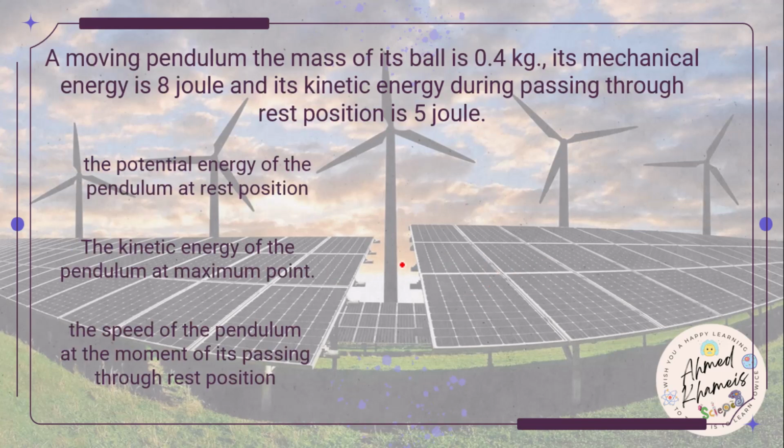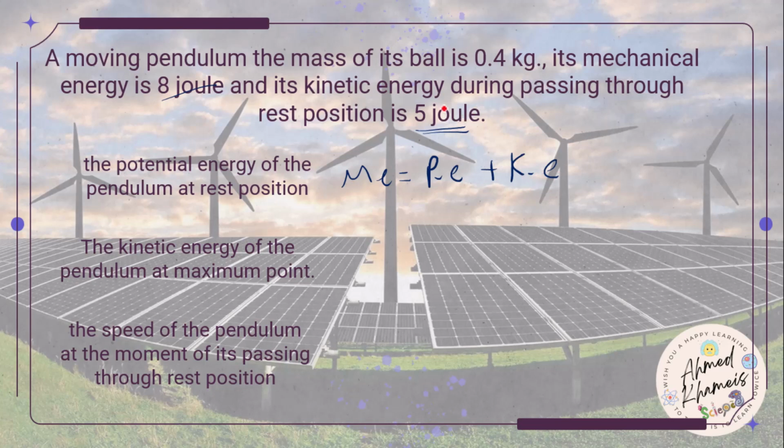A moving pendulum, the mass of its bob is 0.4 kilogram. Its mechanical energy is 8 joules and its kinetic energy when passing through the rest position is 5 joule. Calculate the potential energy of the pendulum at the rest position. So the mechanical energy equals potential energy plus kinetic energy.